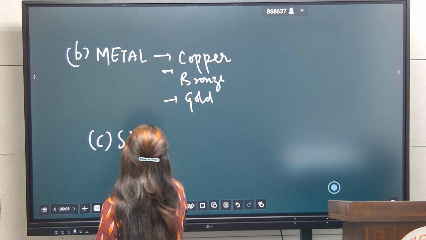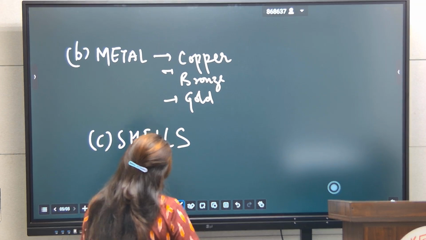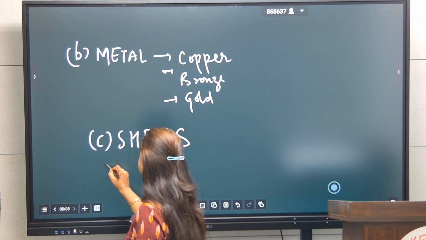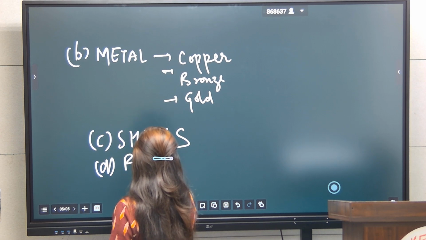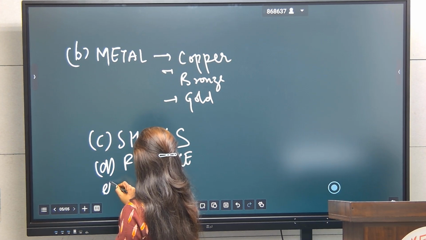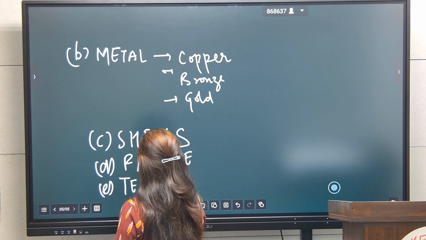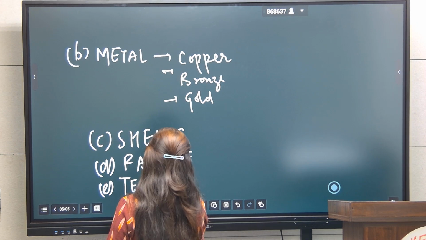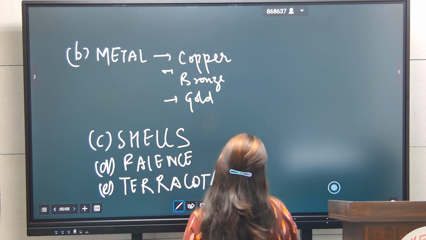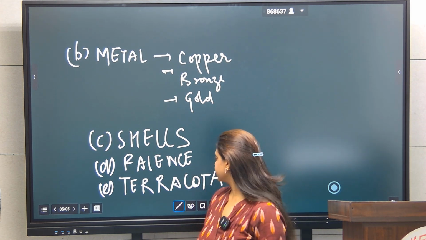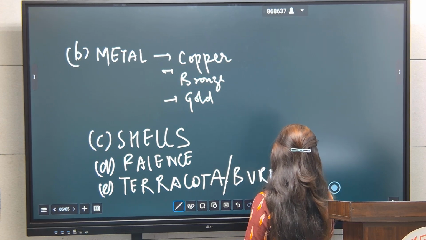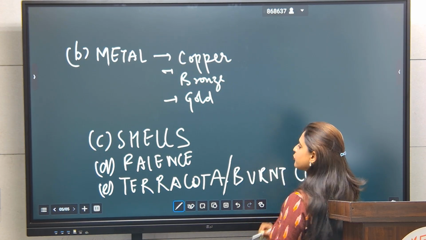Shells were also used, and faience was also used. And terracotta, or burnt clay, was also used for making craft.